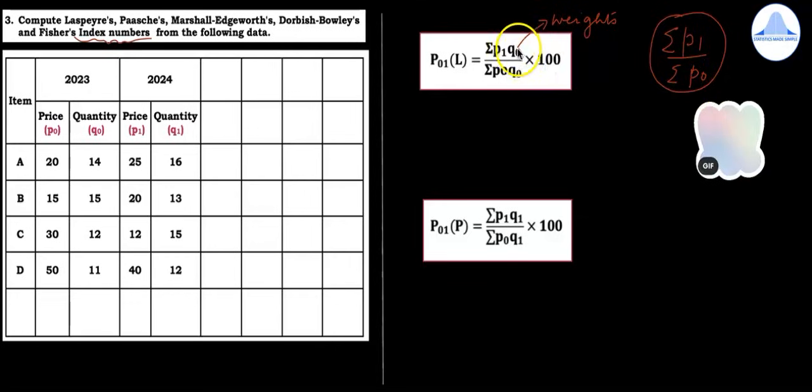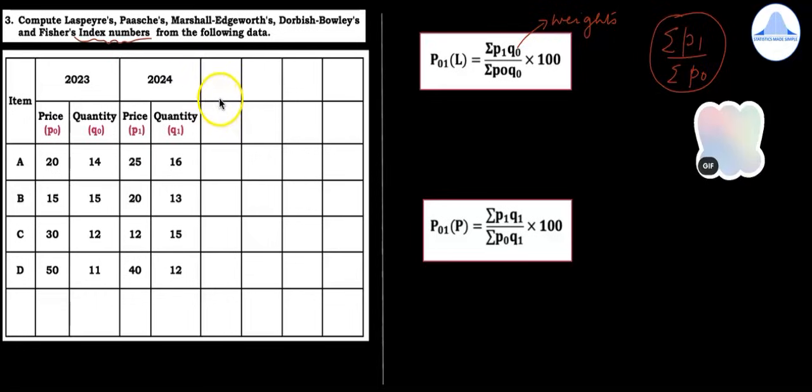If you multiply numerator and denominator by Q0 into 100, you will get Laspeyres. And if you multiply by Q1 into 100, you will get Paasche's. Now, though here in this question there are 5 index numbers asked, they are not going to ask you all the 5 for 10 marks. Usually 2 will be asked for 5 marks.